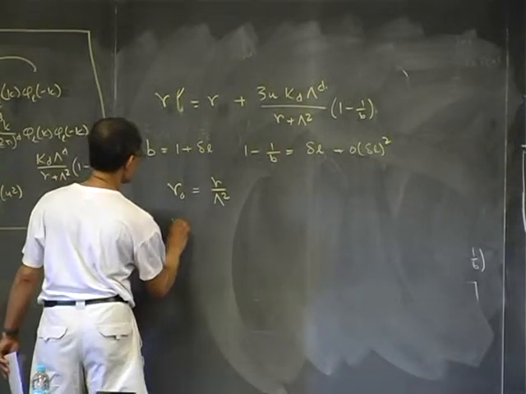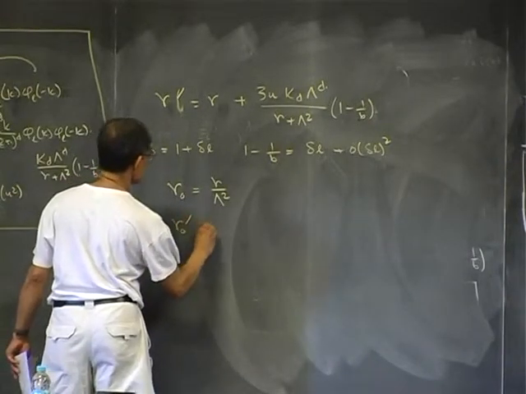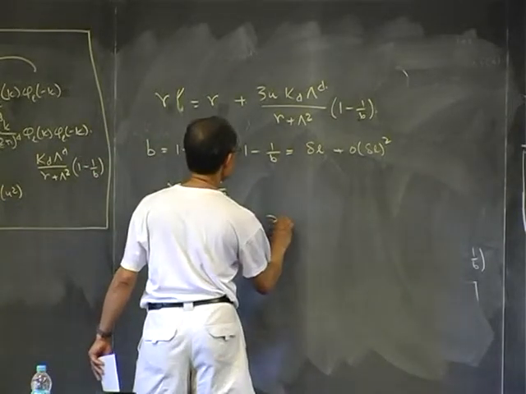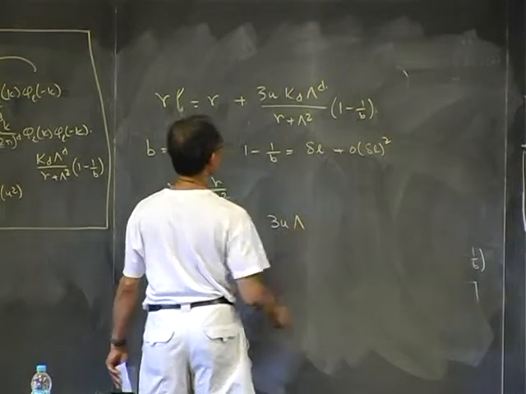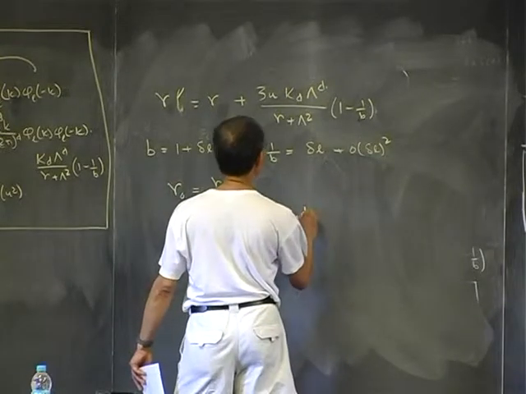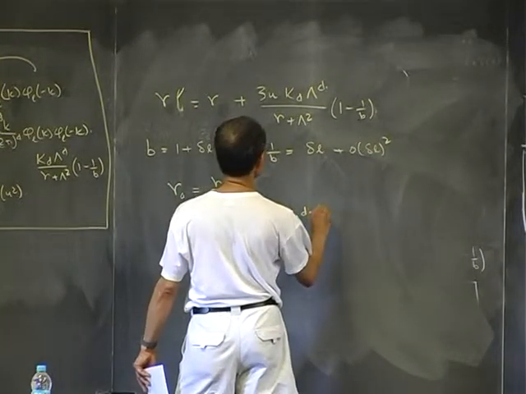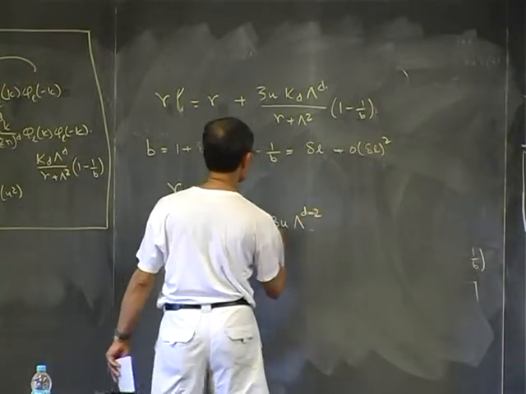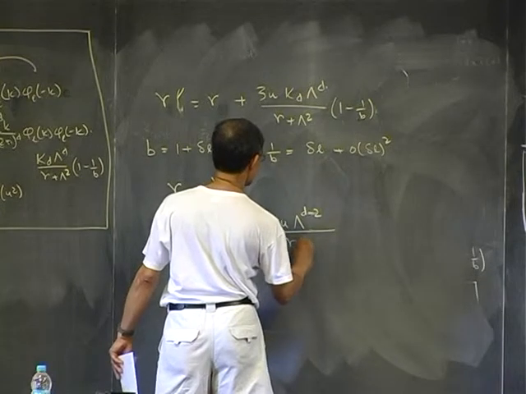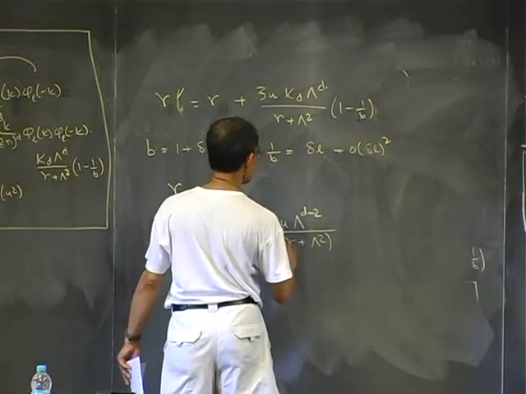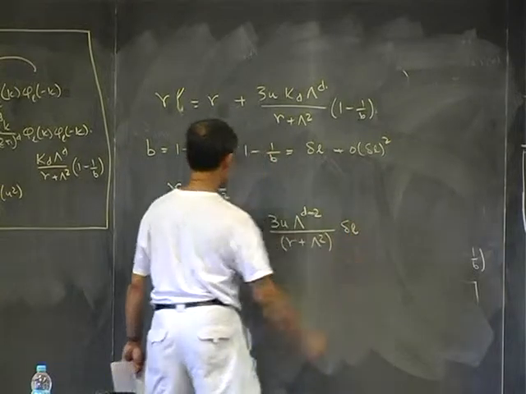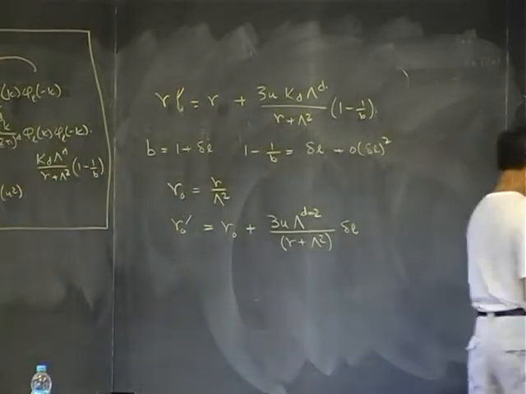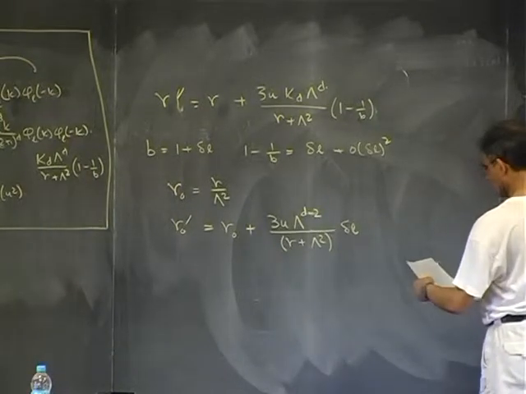So that gives you r naught prime is r naught plus 3u lambda to the power d minus 2, because I have divided by lambda squared, over r plus lambda squared, times delta L. Okay.